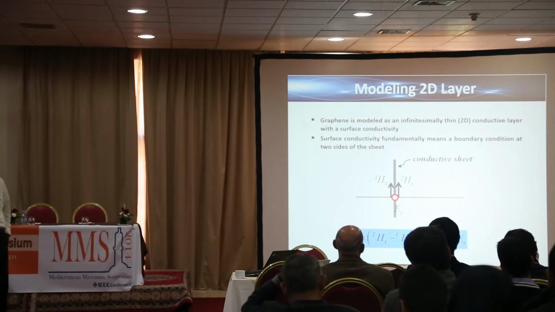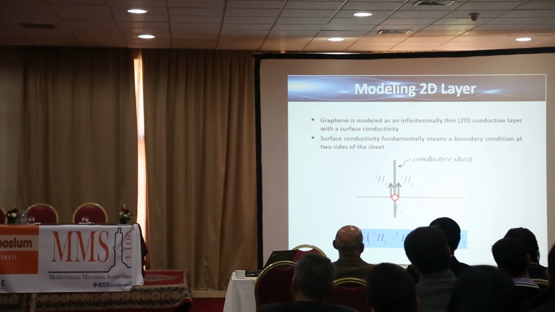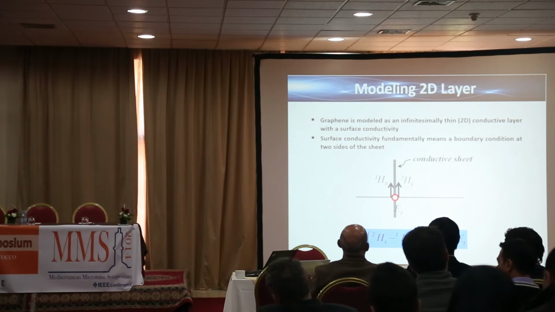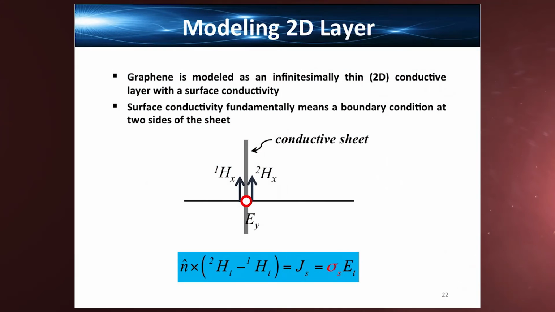Now, the second problem. The second problem is how to model a very thin, zero thickness surface in a volumetric method. Actually, graphene is modeled as a zero thickness surface, characterized by a surface conductivity. But what does surface conductivity mean?